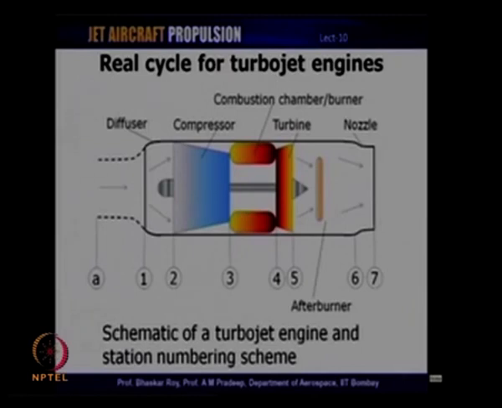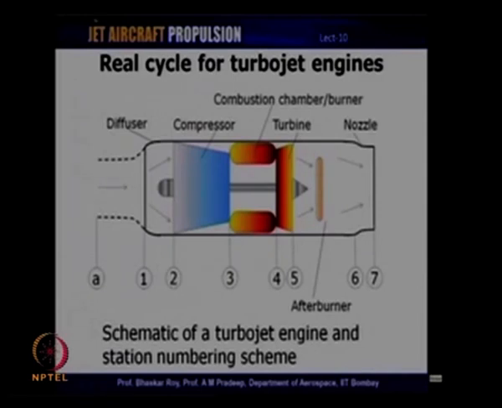This is a schematic of a turbojet engine which I had also shown a couple of lectures earlier, showing all the components which constitute a turbojet engine, and most of these components will also be present in the other forms of these jet engines like the turbofan or turboprop engines.